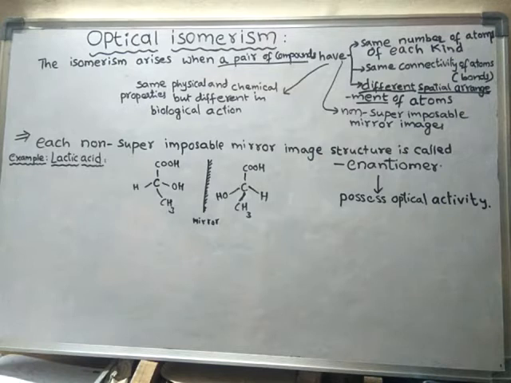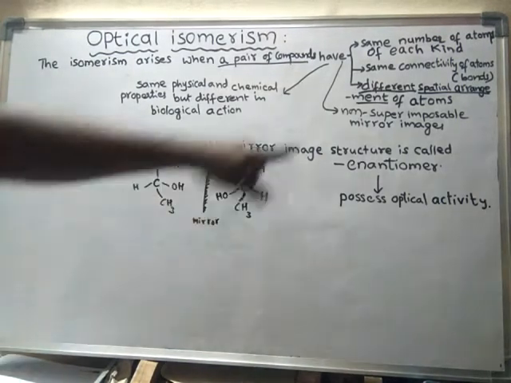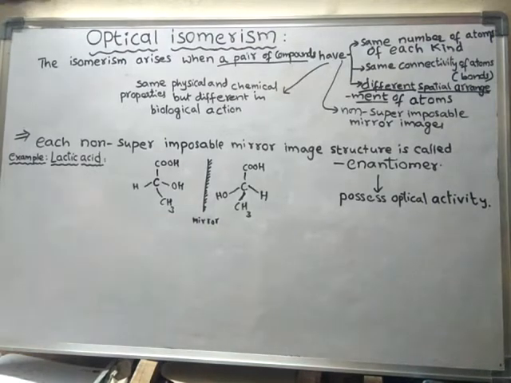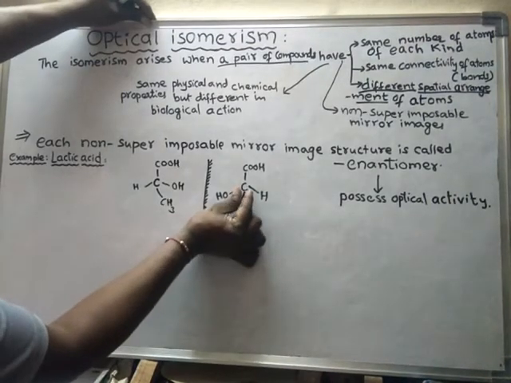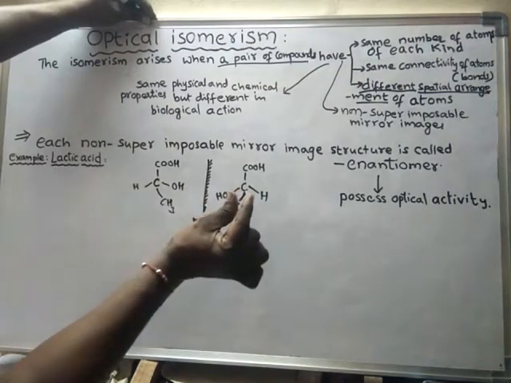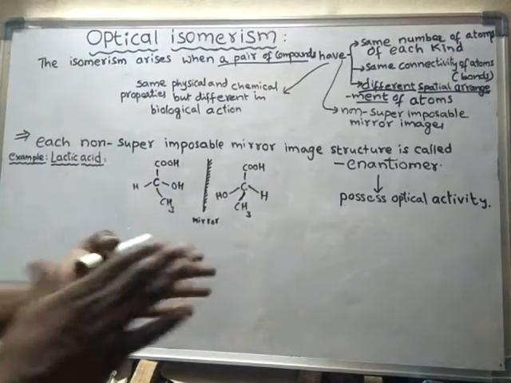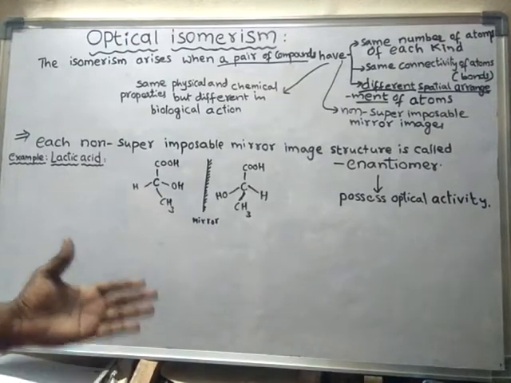What type of mirror images? Non-superimposable mirror images. What is the meaning of non-superimposable mirror image? Suppose if I take this compound, if I lift this compound as it is, and if I keep it on this compound, what happens? One should coincide with the other.